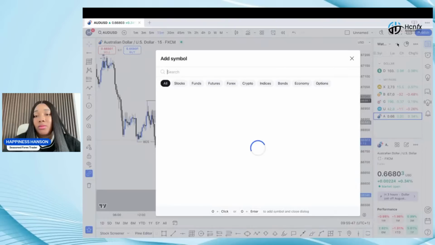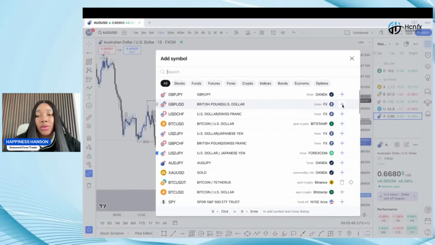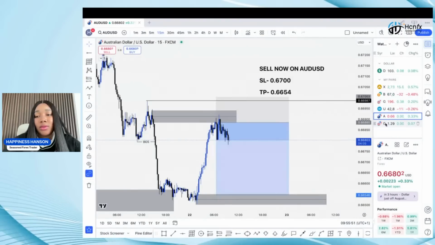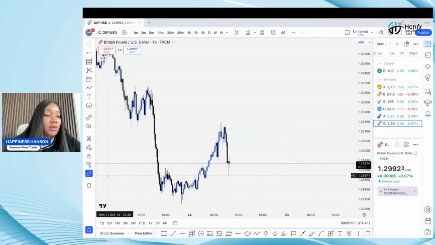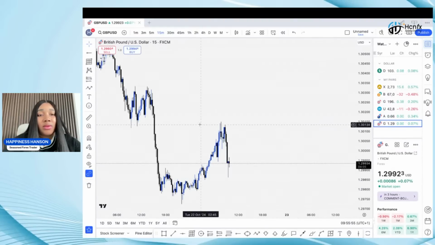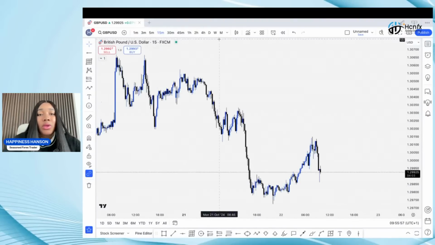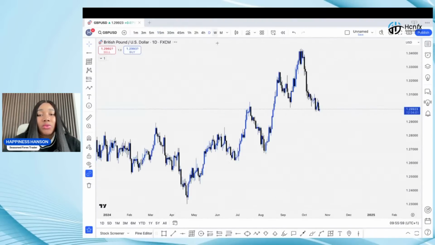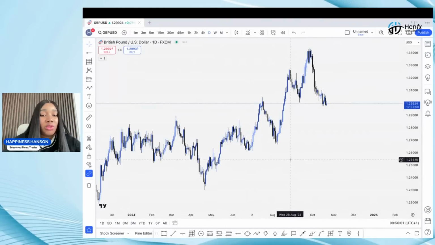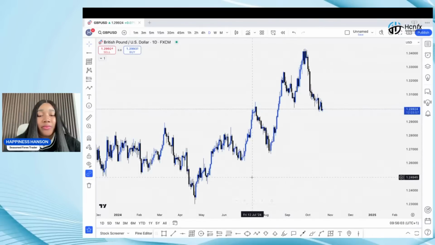Let's look at GBP USD. On GBP USD, we're going to read the market structure from the higher time frame.